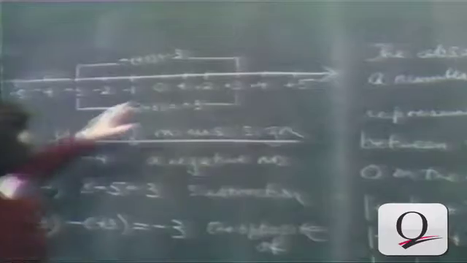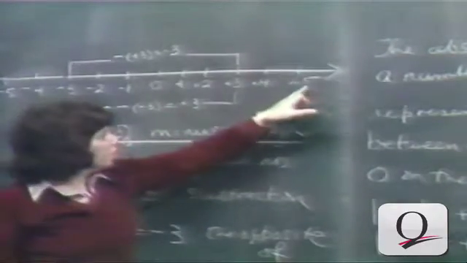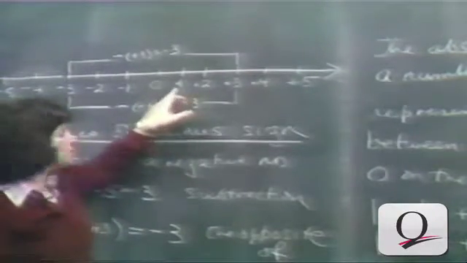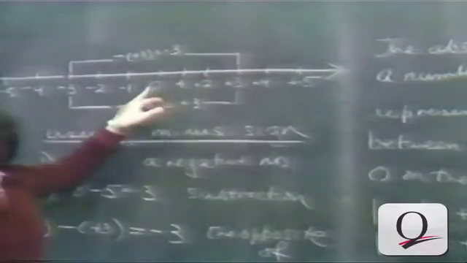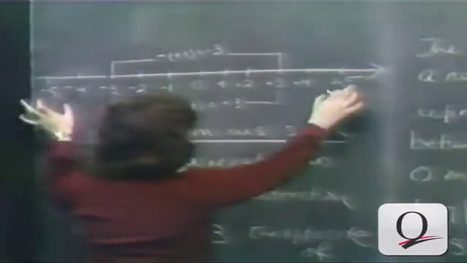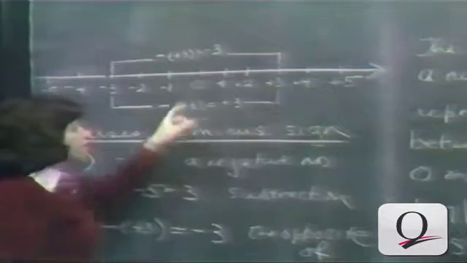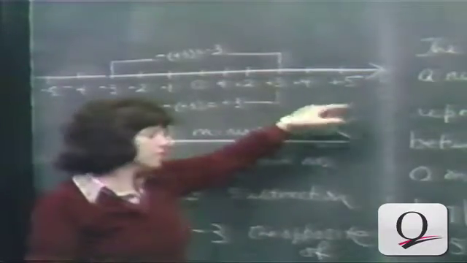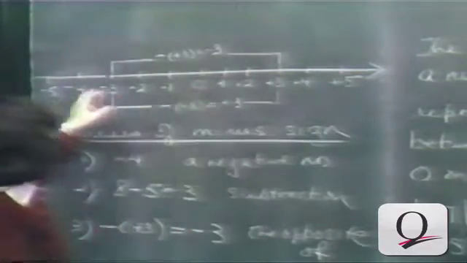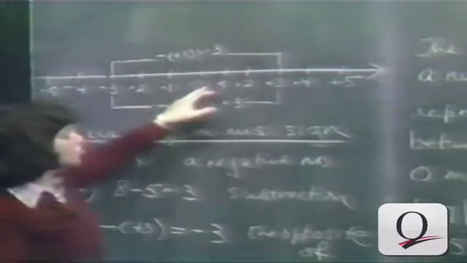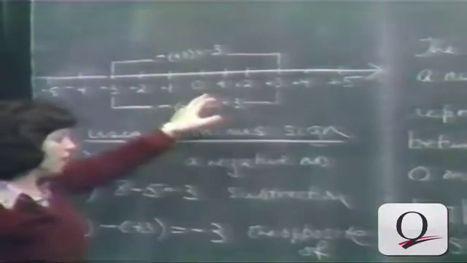Make sure you understand that. The distance between +5 and 0 is the same as the distance between -5 and 0. Each one of these is 5 units away from 0. The absolute value of +5 is +5 or just 5. The absolute value of -5 is also +5 or just 5.